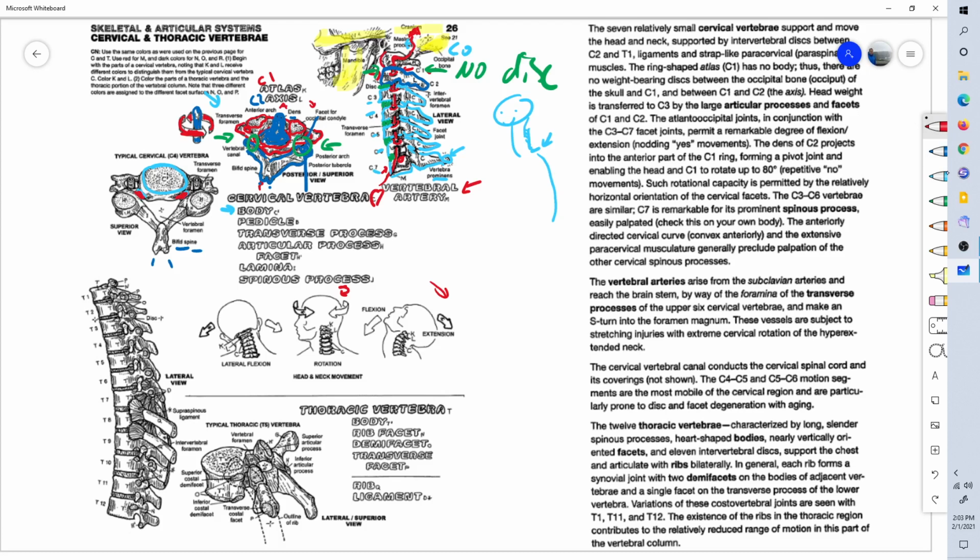It's like a bridge between the body and the articular process. This is the articular process, where the superior articular facet interacts and joins and forms a joint with the inferior process of the vertebra that's above it.